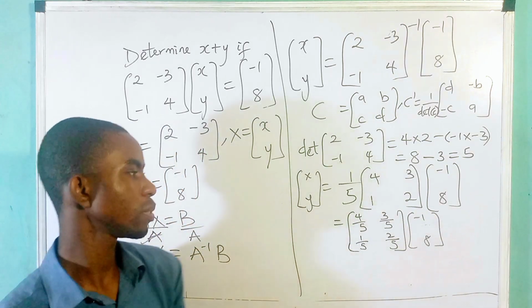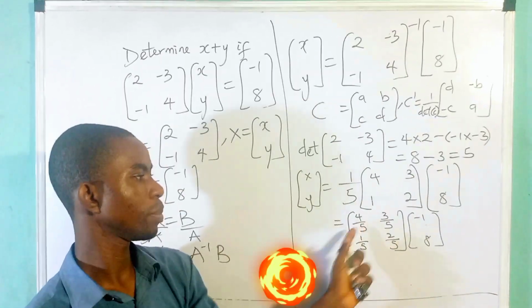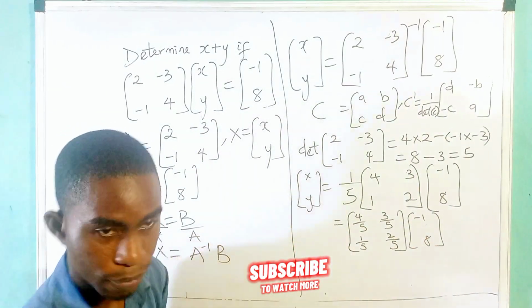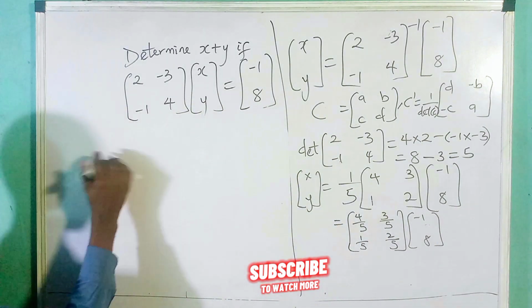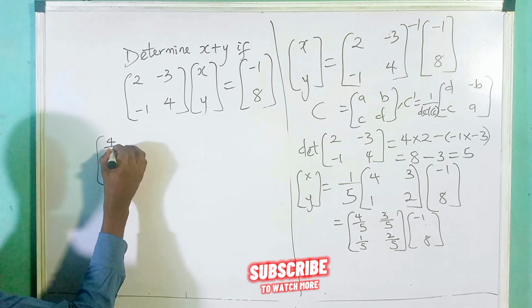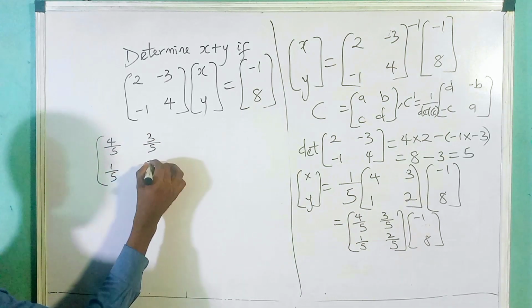This is a 2 by 2 matrix. This is a 2 by 1 matrix. So we are going to be multiplying these two matrices together. Now to multiply this matrix, I'm rewriting it here: 4 over 5, 3 over 5, 1 over 5, 2 over 5.